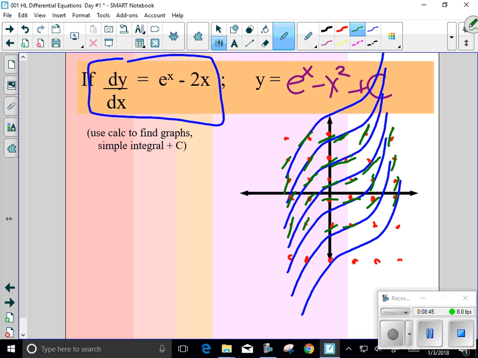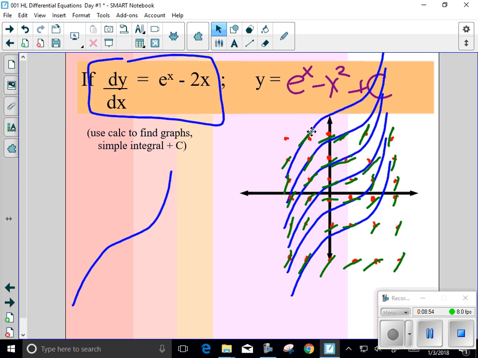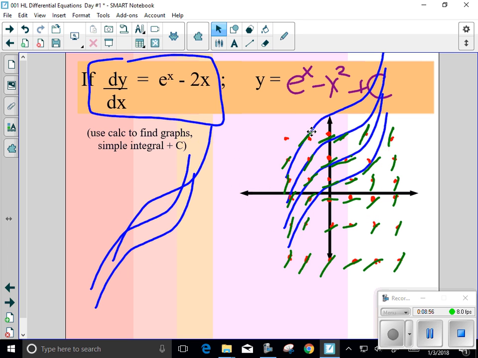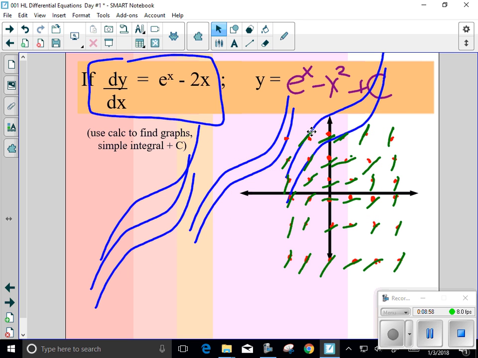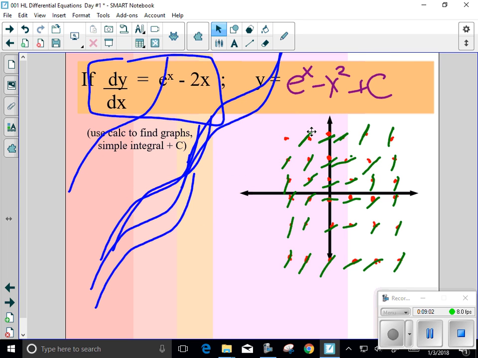What we're going to do is start with these drawings, and we're going to imagine that these are not here. That this is all you start with, the slope field.